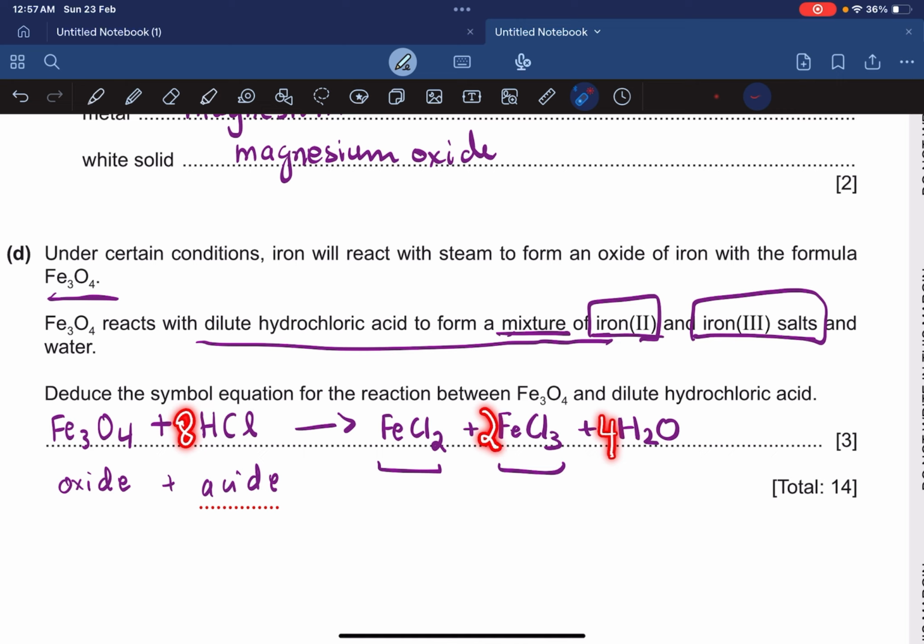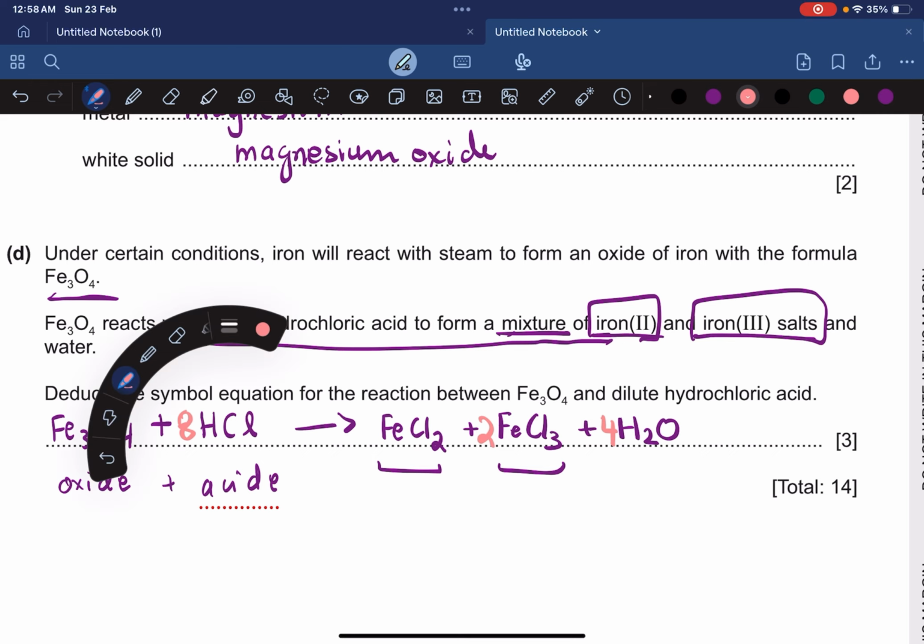Done. 8, 2 and 4. I just tried it and you just have to wait and balancing will come out slowly, okay? I guess that is balanced.